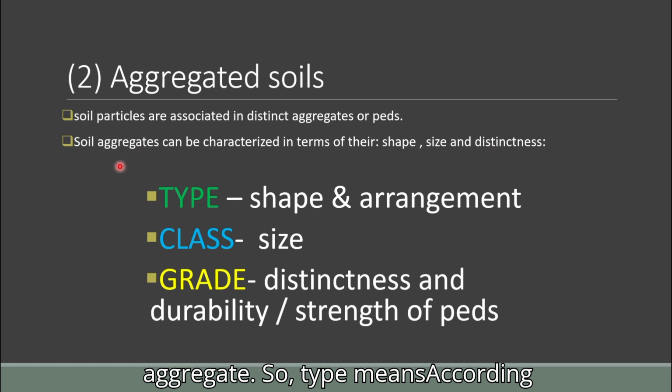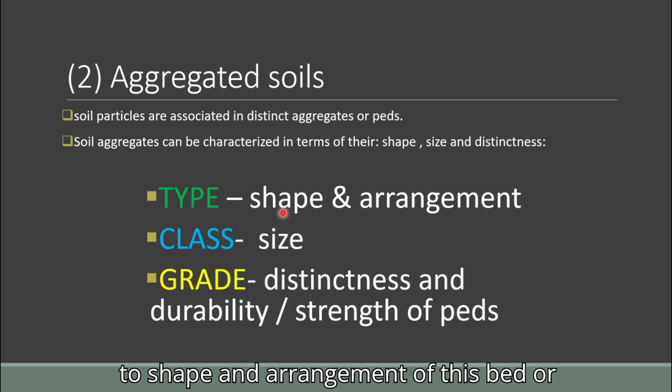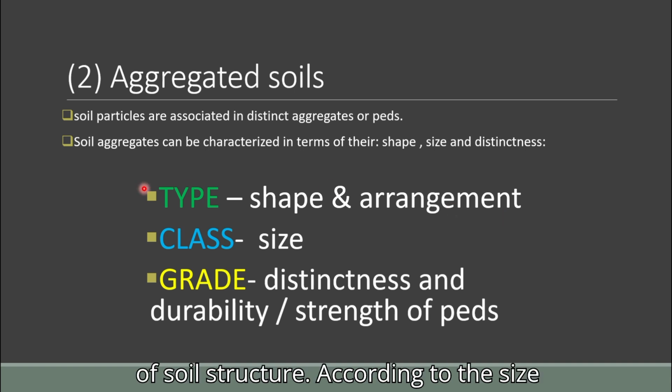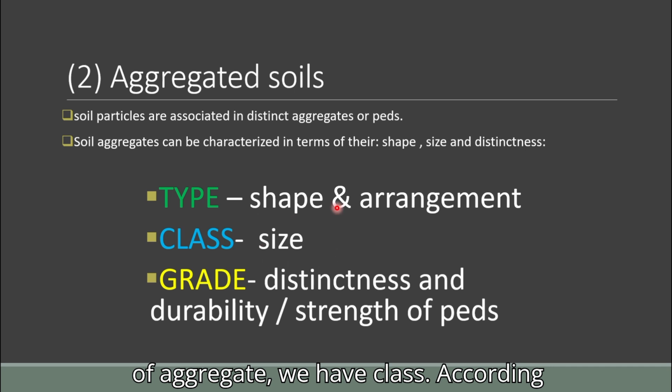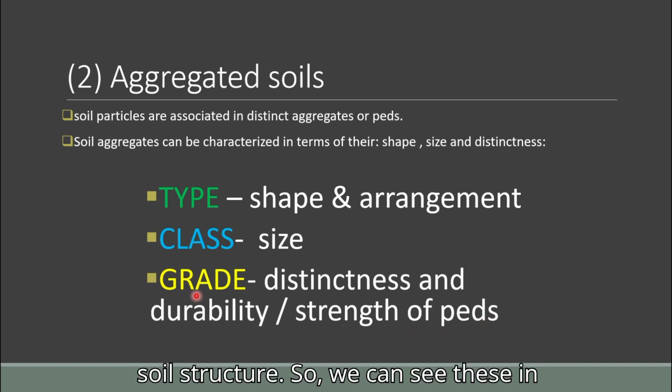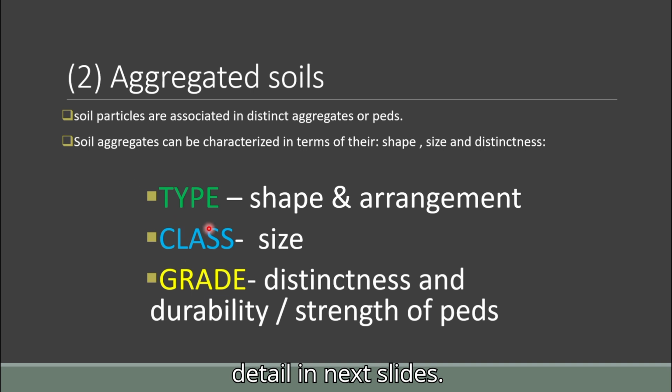Type means according to shape and arrangement of this bed or aggregates, we have type of soil structure. According to the size of aggregates, we have class. According to distinctness and durability or strength of bed, we have grade of soil structure. We can see these in detail in the next slides.